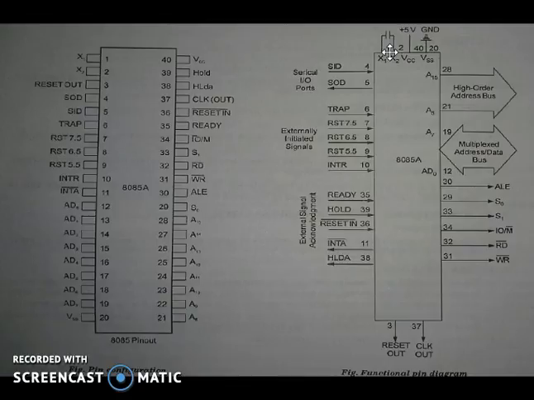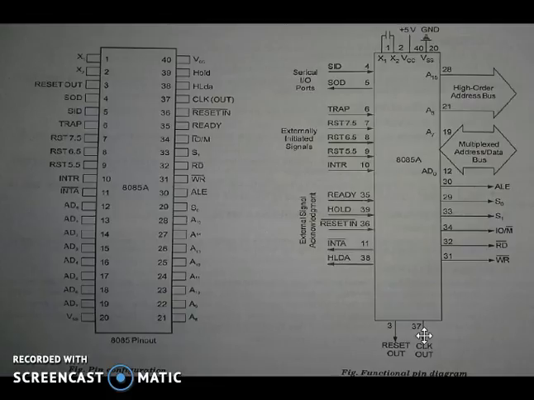As we already know, this microprocessor 8085 can operate at 3 megahertz, and to operate this system the crystal should have a frequency of 6 megahertz. And next we have the clock output signal. This signal can be used as the system clock for other devices.